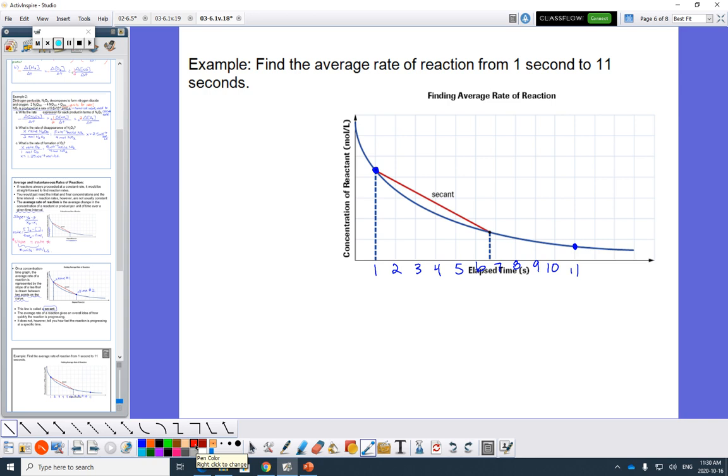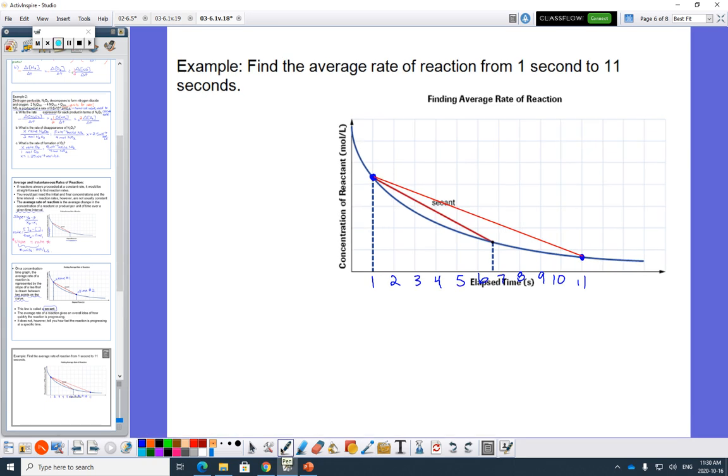I'm going to do my best on this board to draw a nice line. But like I said, when you do average, you really don't even need the line because your points are dictated by the times they give you. Where slope is rate, you can think of it like the rate equation or the slope equation, it doesn't matter.